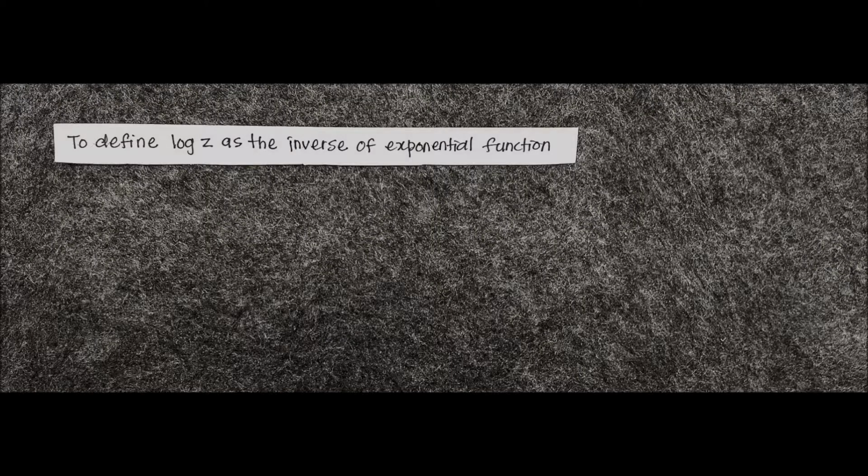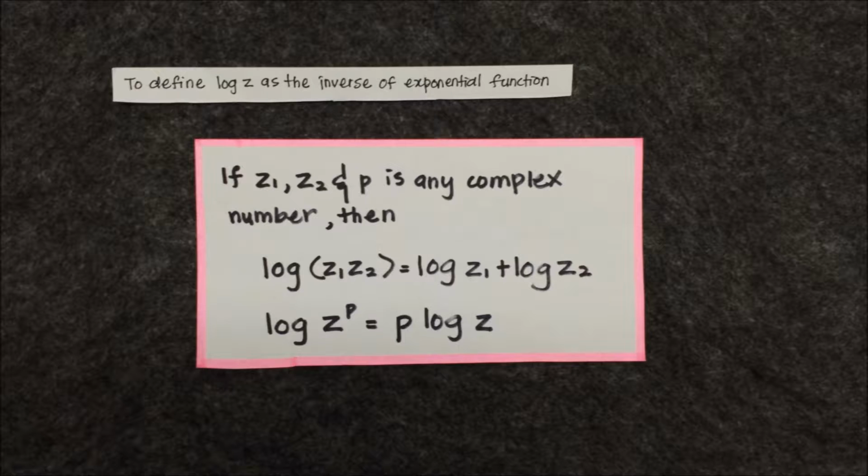To define log z as the inverse of the exponential function, first we assume these properties are fulfilled. That is, if z1, z2 and p are any complex numbers, then log(z1 z2) equals log z1 plus log z2. Log of z to the power of p is equal to p log z.